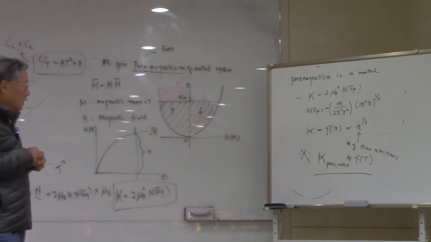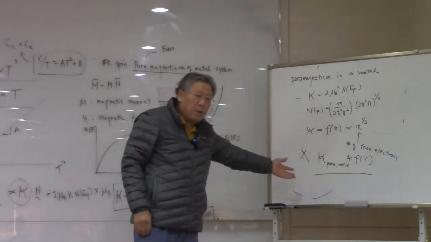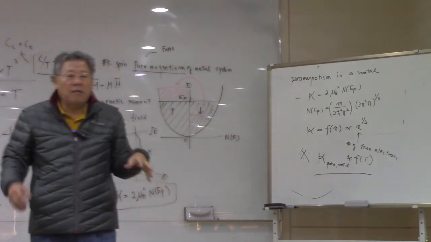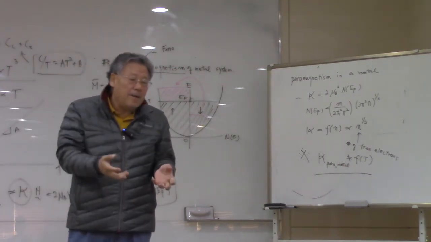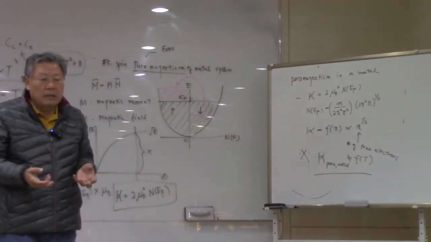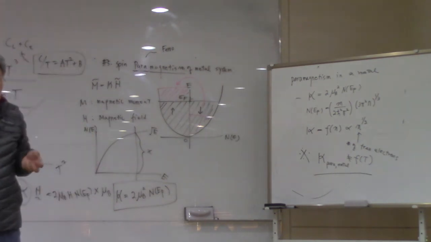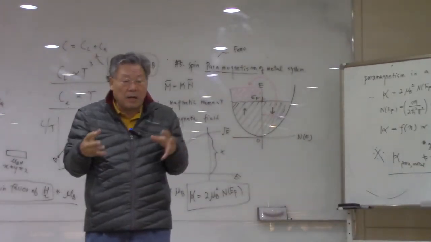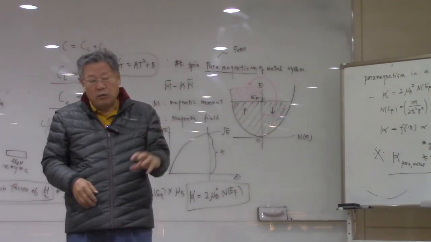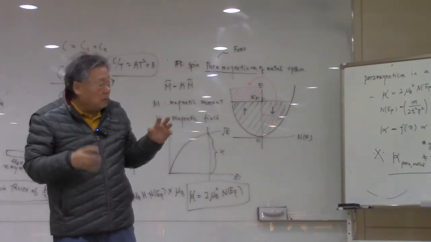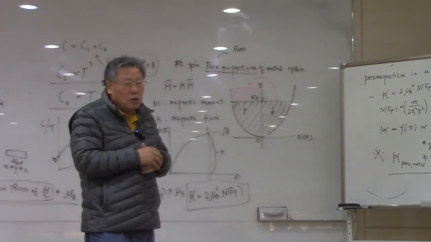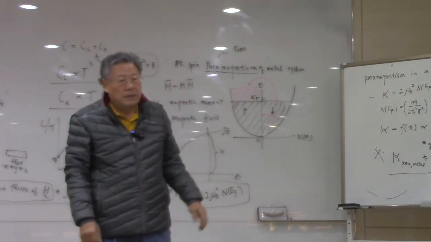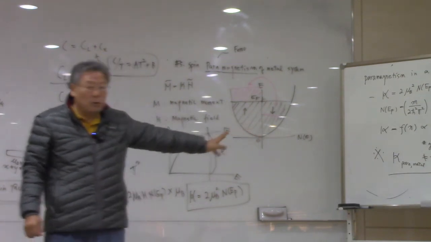But fortunately, since the metal paramagnetism has nothing to do with the temperature, even if you apply the high magnetic field or electric field to have a high magnetism of the metal, the magnetic moment is not going to be decreased because of the temperature. And this is a very important fact.